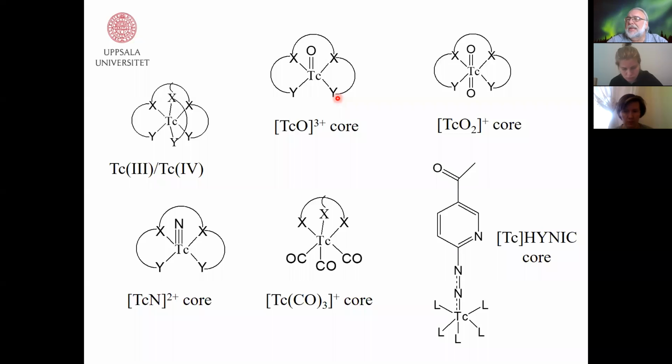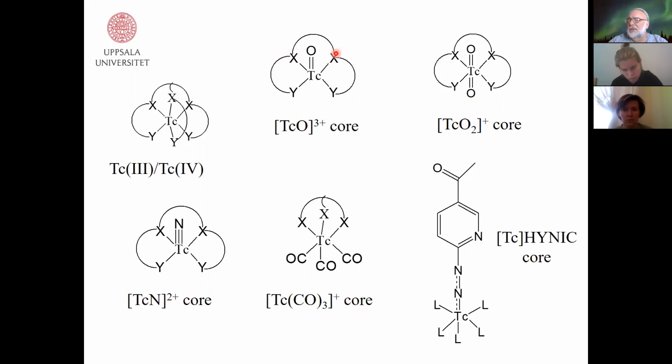Depending on the nature of the electron donors, one could have different names. For example, if in this case the Y's are sulfur and N are nitrogen, one would say S2N2 complex.